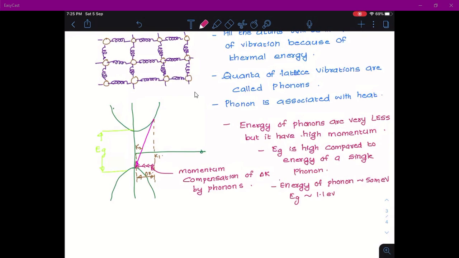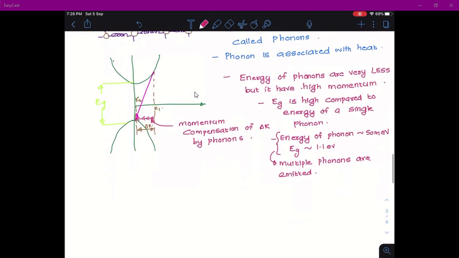So when the electron jumps to the valence band, multiple phonons are emitted. Okay. So multiple phonons are emitted when the electron jumps obliquely.